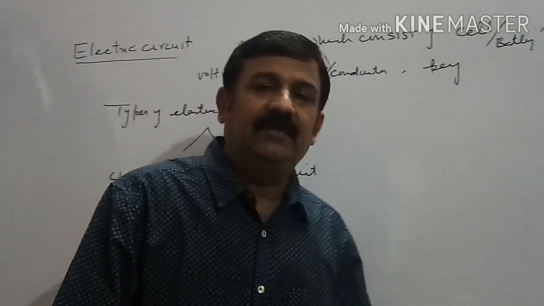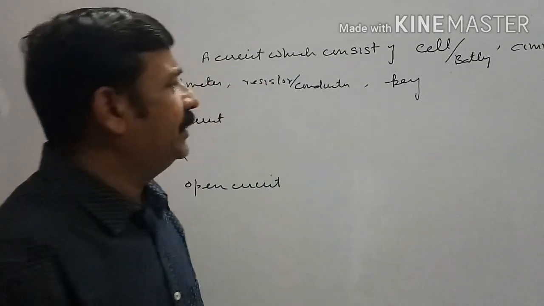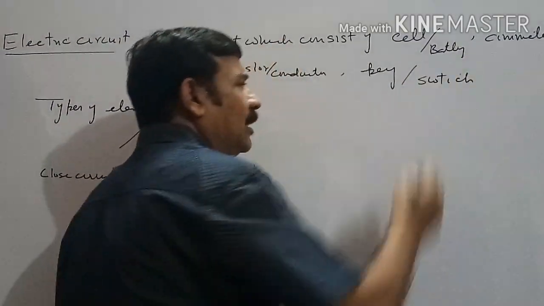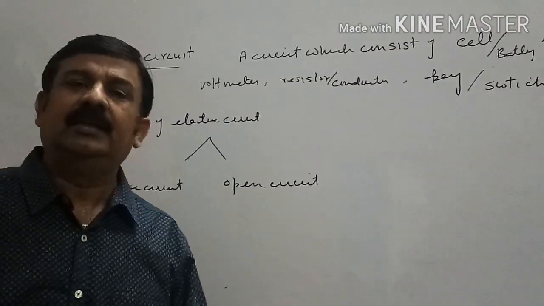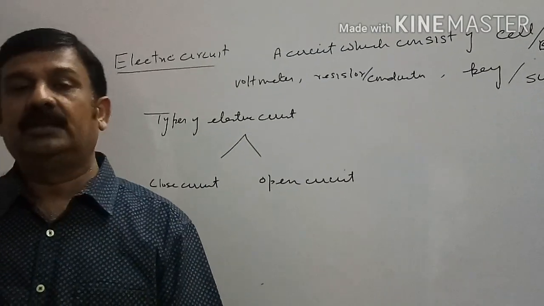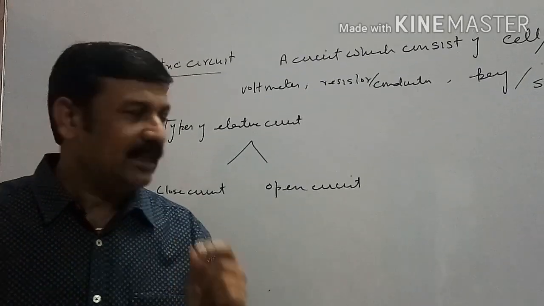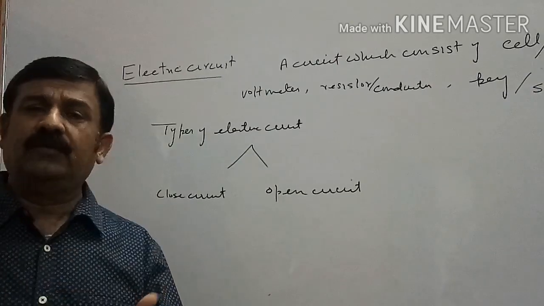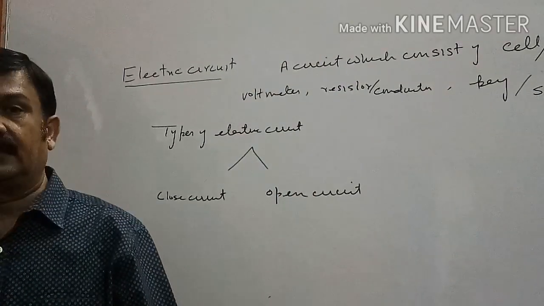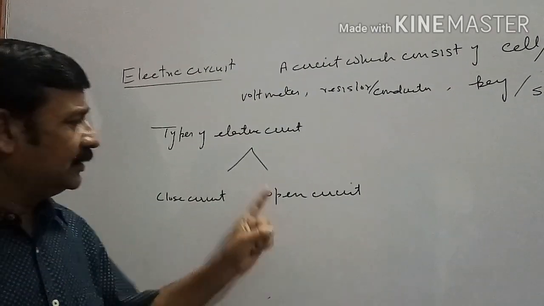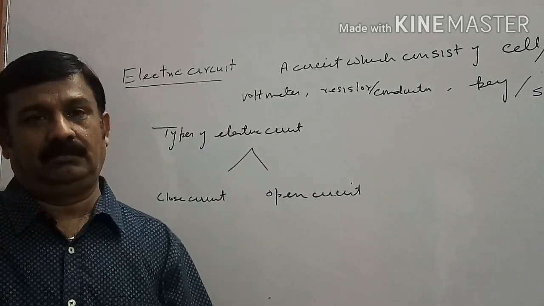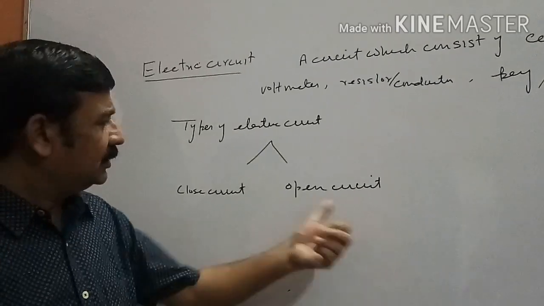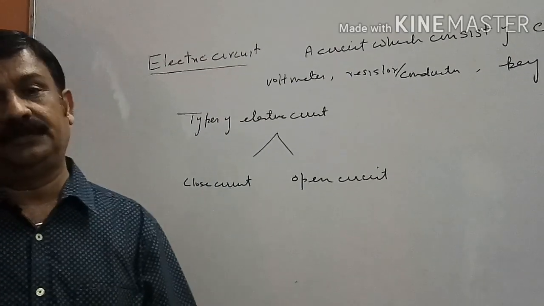Such a circuit in which the switch or key, this key can also be called a switch, remains closed, remains on, is called a closed circuit. In this circuit current moves through the different parts. Such a circuit in which key or switch remains open, switch remains off, is known as an open circuit. In this type of circuit no current moves.